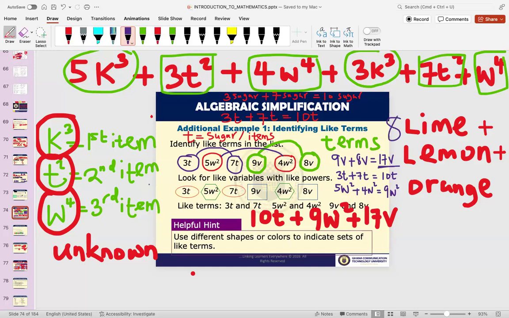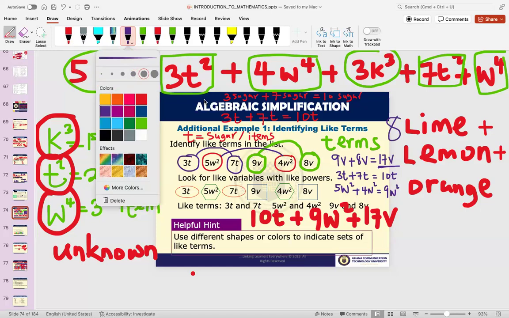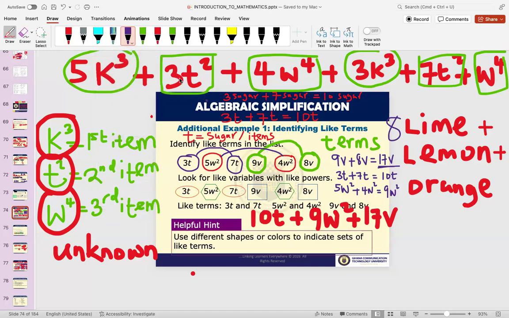And then when I pick T squared, once I know that T squared is also representing lemon, I look at the quantities. I have 3 here, I have 7 here. So I have a total of 10 lemons. And then if W4 is also representing orange, when I put them together, I have 4 oranges here, I have 1 here.